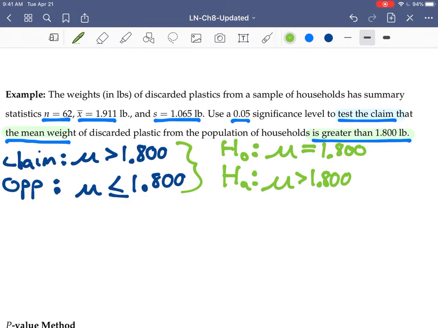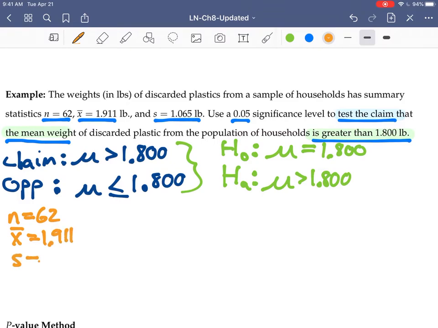We also look back in the original problem statement and we see that we are given that the value of n is 62, so that is the sample size. X bar is the sample mean, that is 1.911.